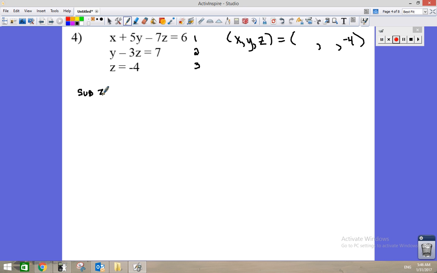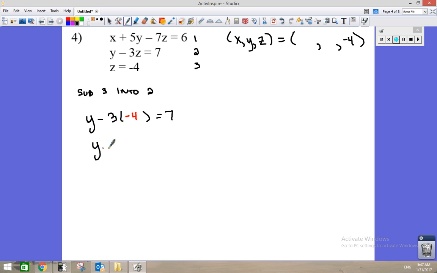So we're going to substitute this z equals negative 4, which I've numbered equation 3, into equation 2. So I'm going to copy down equation 2, but when it comes to copying the z, I replace it with the number that I know it to be.